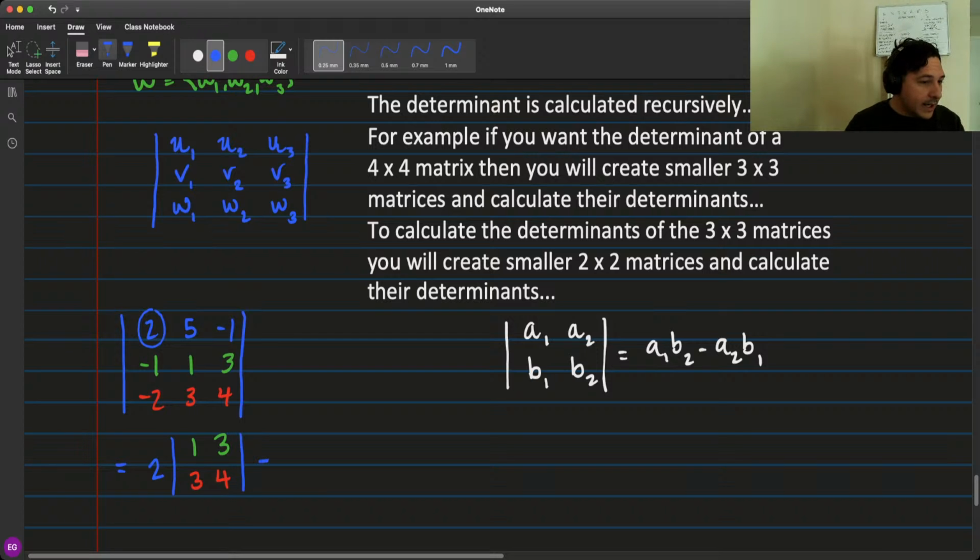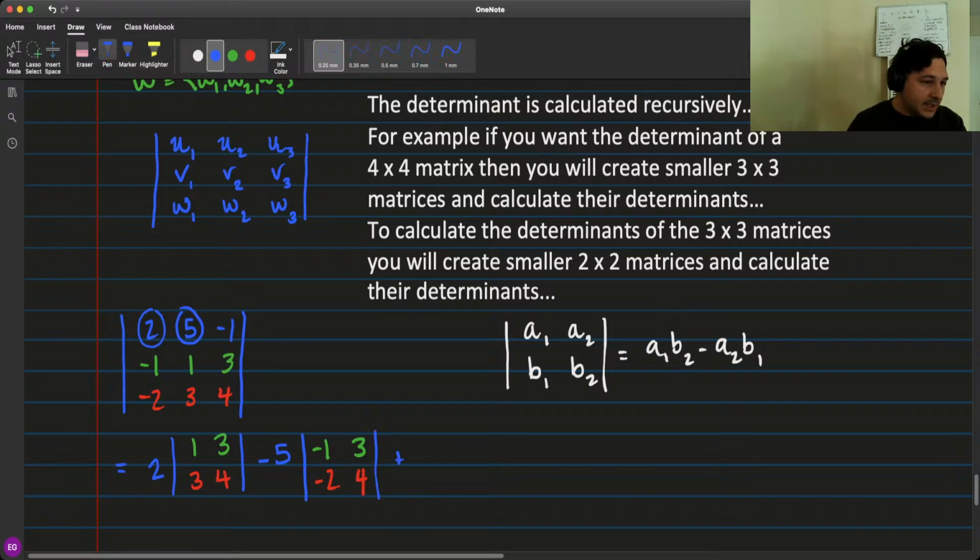And then minus the next number, 5. I'm going to multiply that 5 by the determinant of the 2 by 2 matrix formed by crossing out the first row, because 5 is in the first row, and the second column. So you get that 2 by 2 right there, with the numbers -1, 3, -2, 4.